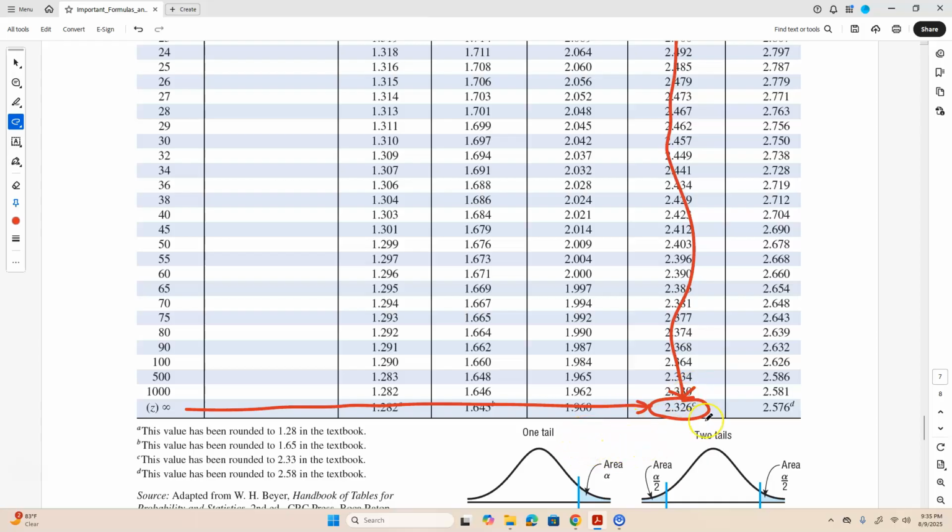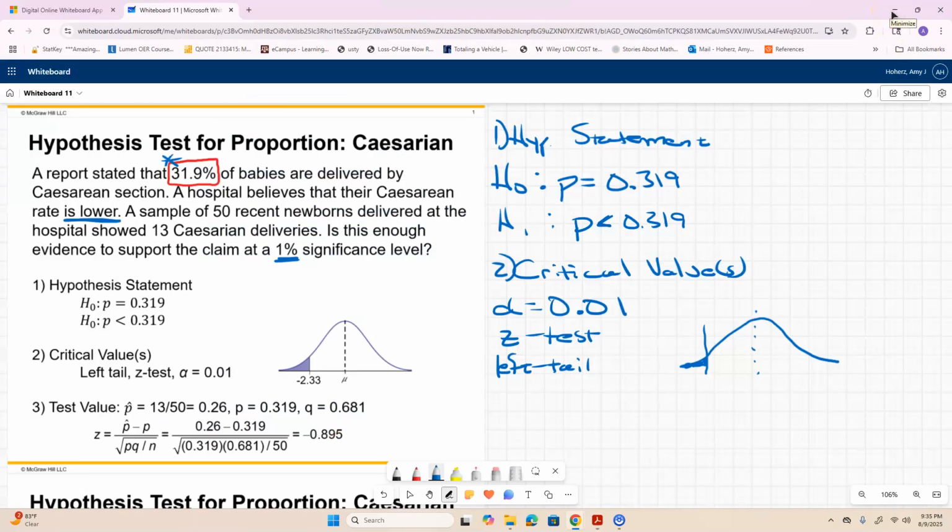I'd recommend looking at the chart each time just to make sure. So 2.33 is our z value, and it's going to be negative 2.33 because we are on the left side of 0.